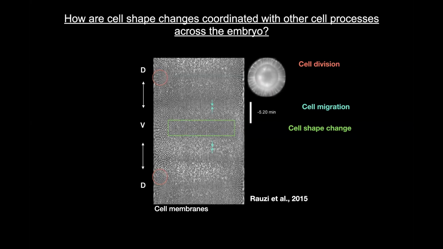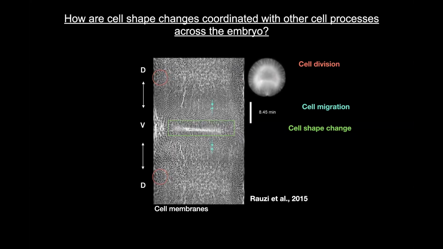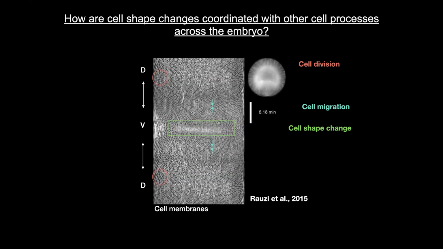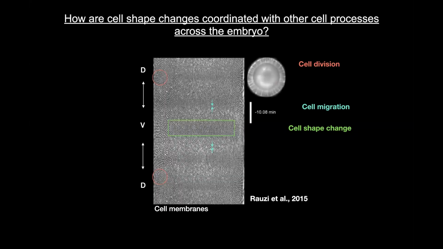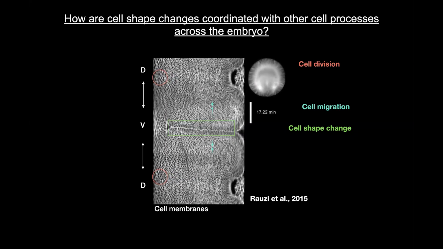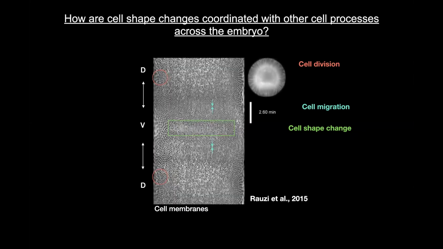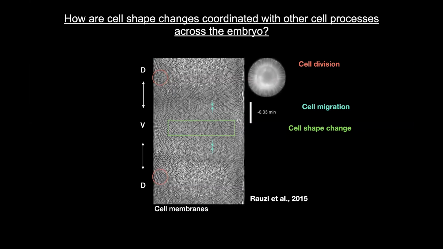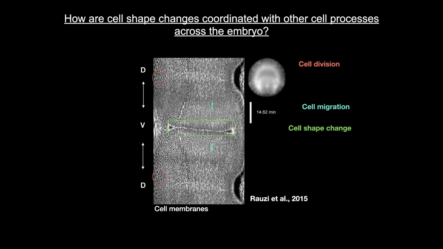What's this ring that's contracting, this white ring? This one here? Yeah. The embryo develops as a syncytium, so that ring is the cells forming. The membranes are moving centripetally inward.